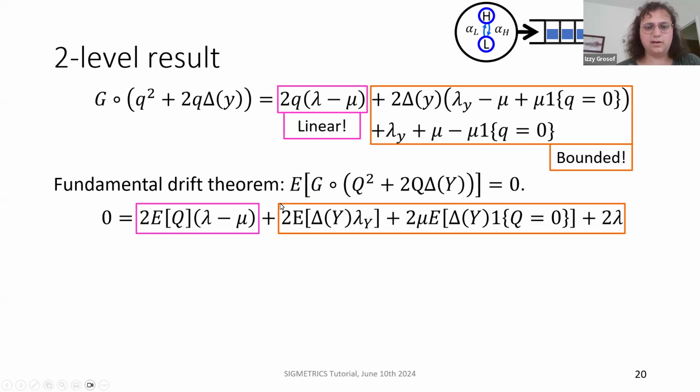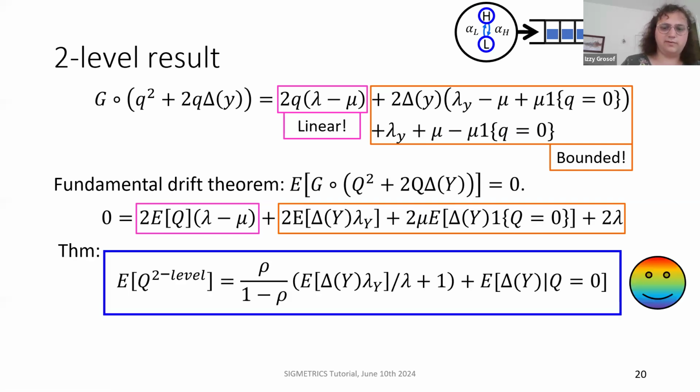It's got a term here, which is just an expectation of something depending on the arrival process. And since we know the stationary distribution of the arrival process, we can calculate it. It's got this term over here, which is going to be a little more annoying, and we'll talk through that as we go.